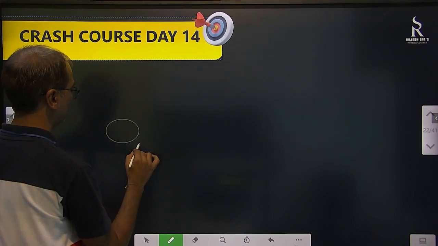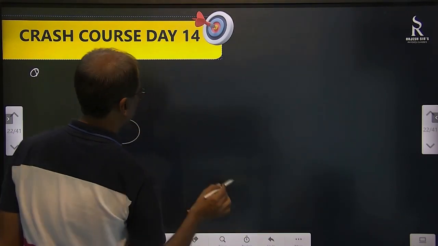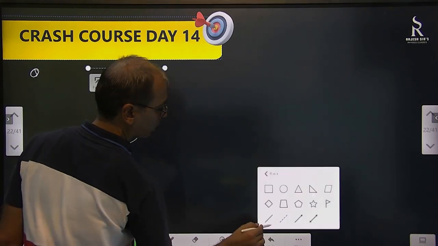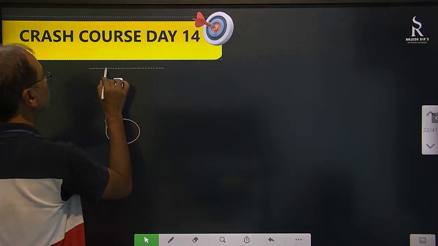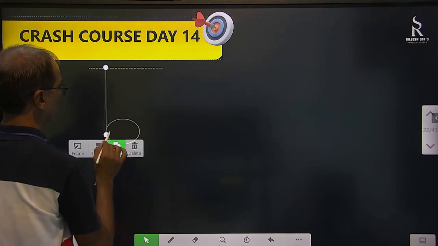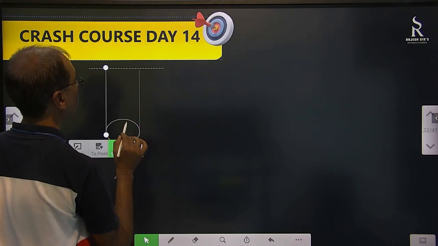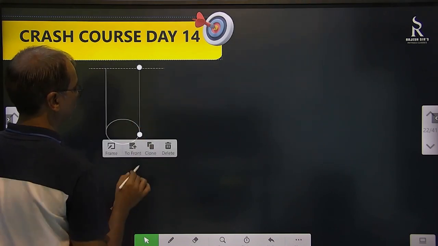Pulley. Then we'll fix it over here. Straight line I want. Okay, fine. We'll take it from this. Right.